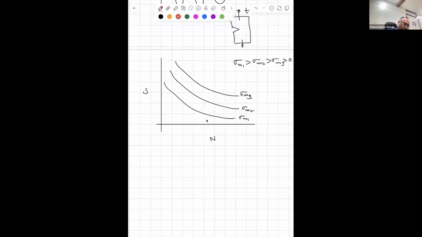Now, if I take a particular life, let us say this is n1 number of cycles. That means if the component fails at n1 cycles, that corresponds to this sigma A1, this sigma A2, and that sigma A3.